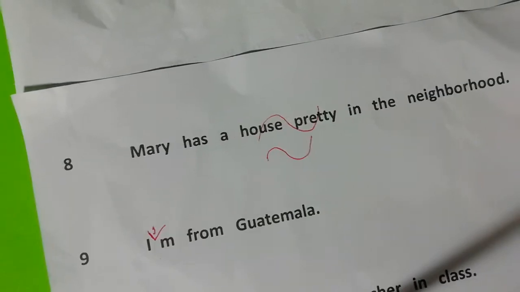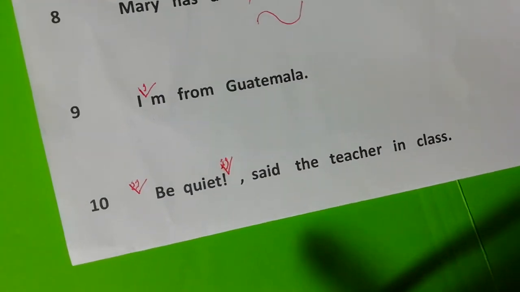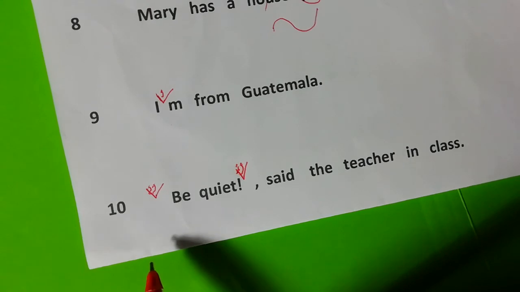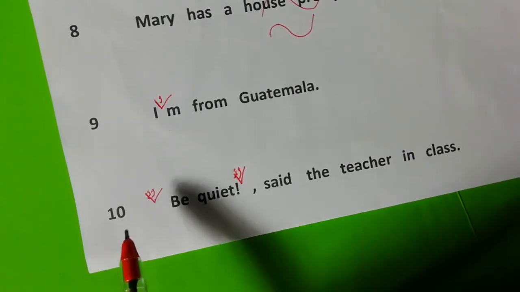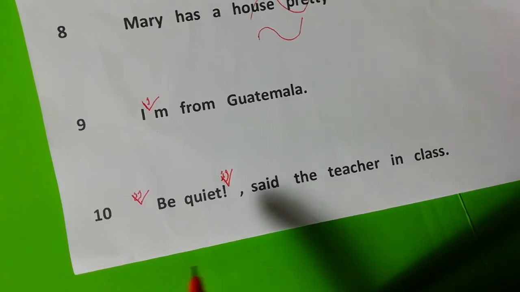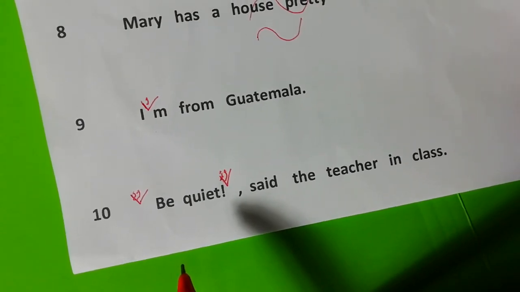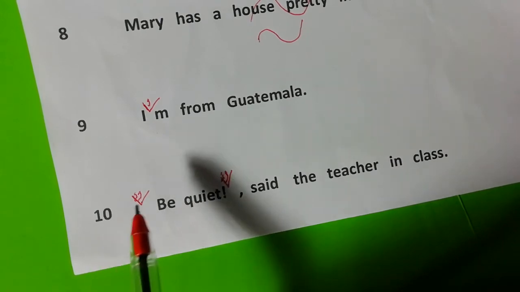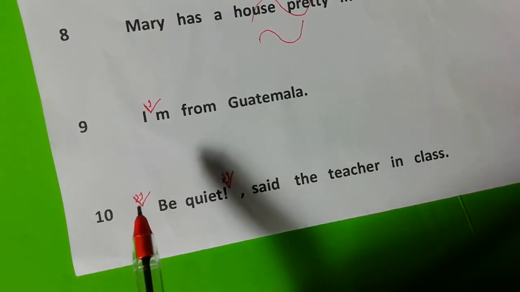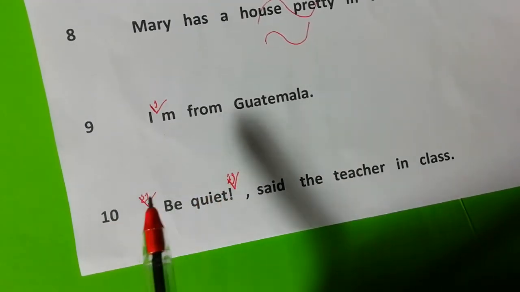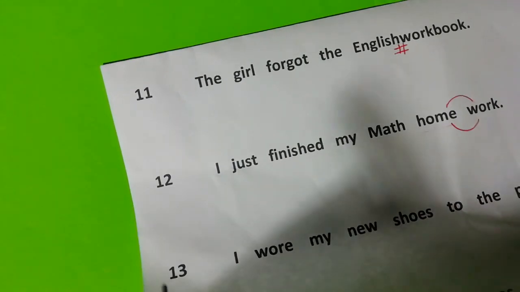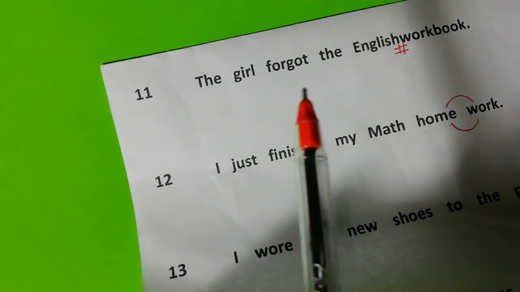Number 10, adding quotation marks. Quotation marks are to explain that something important is said, is expressed. So the sentence reads, be quiet, said the teacher in class. So you need the 2 commas to open and to close. You call those quotations, so insert those. Number 11, it says, the girl forgot the English workbook.